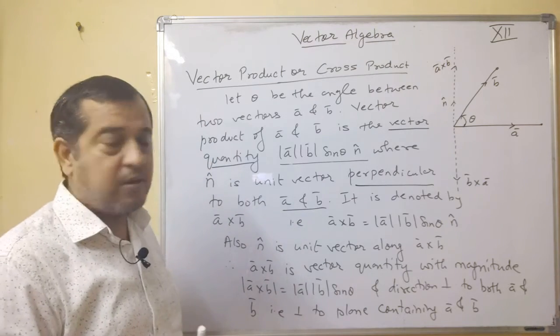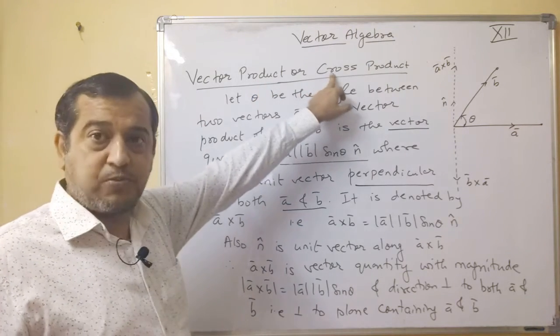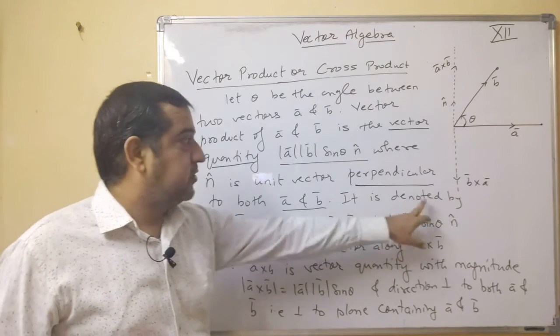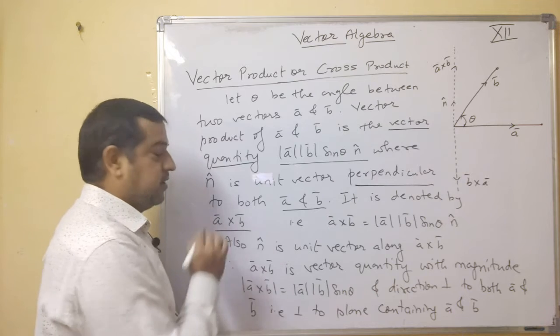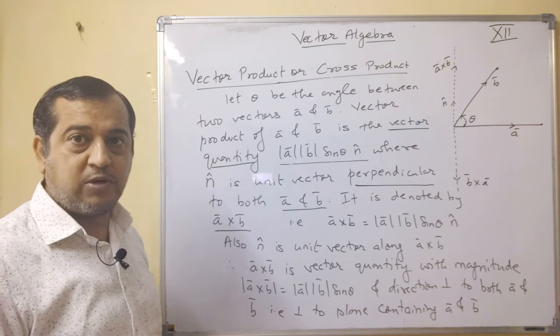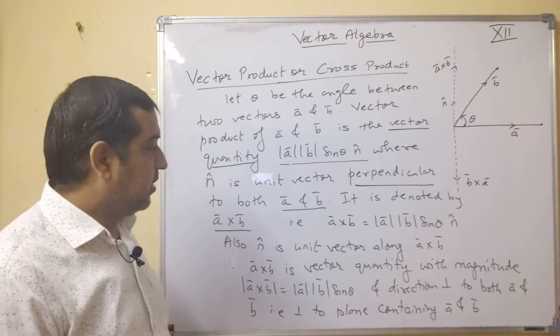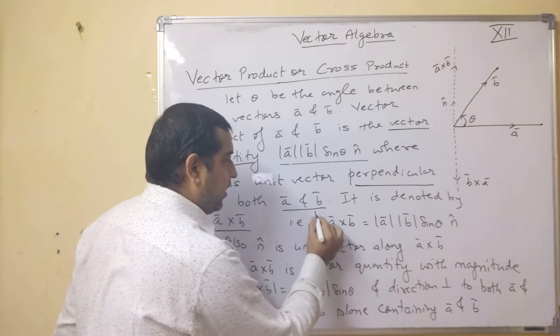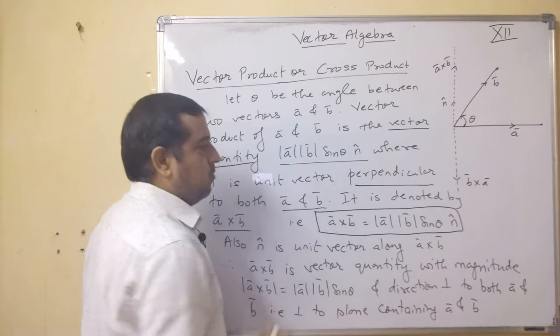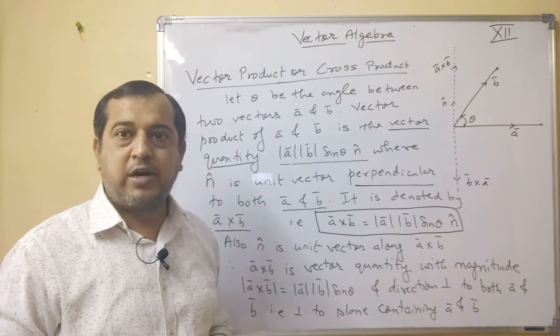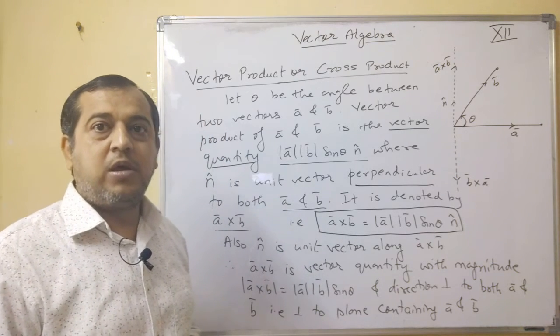Now vector product is termed as cross product. Why? Because it is denoted by this notation, vector A cross vector B. That is, vector A cross vector B is equal to mod vector A into mod vector B into sin theta into n cap.